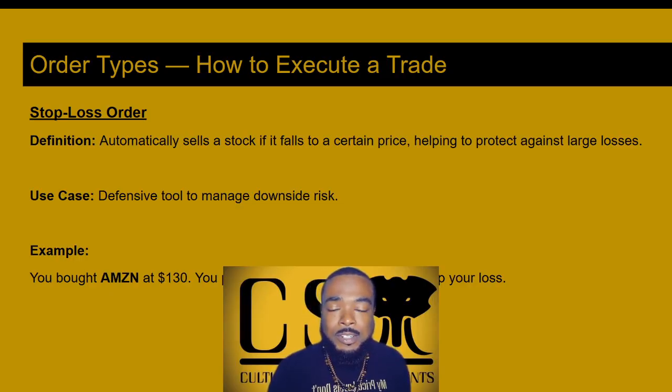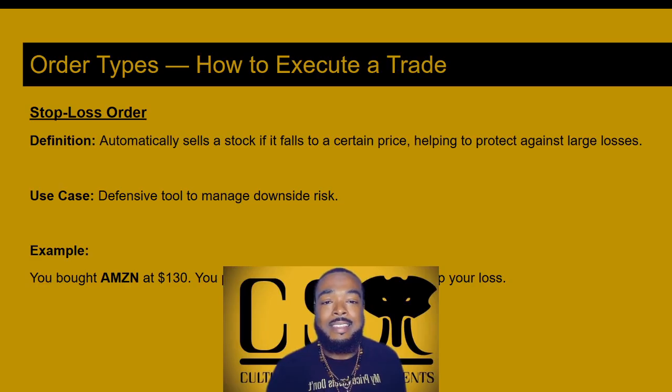Stop loss orders are important. This is for people who are doing more active trading with options. So when you get into that, you're going to have to learn how to place stop loss orders. But as a beginner, you really just need to understand market and limit orders, the difference between those two, and you have to understand your price level. A stop loss order is not such a big thing if you're buying shares in a company.